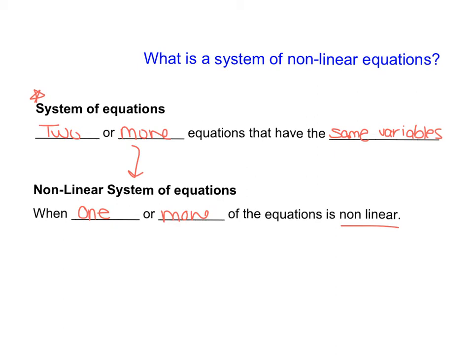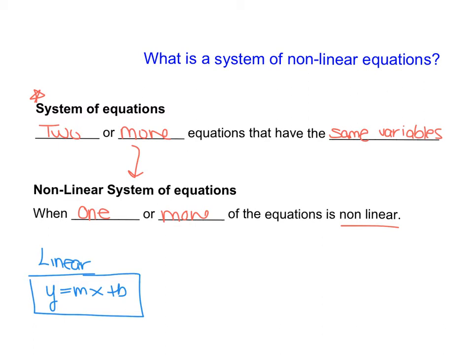Now you might be asking, what's the difference between a linear and a nonlinear equation? Linear is the most basic type of equation that you're going to see. It can be written in the form y equals mx plus b. You'll notice that there are no exponents, no square roots, no x in a denominator. It's just the most basic equation that contains a y and an x and maybe some constants and coefficients.